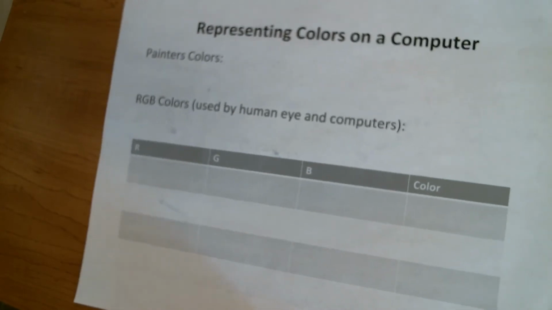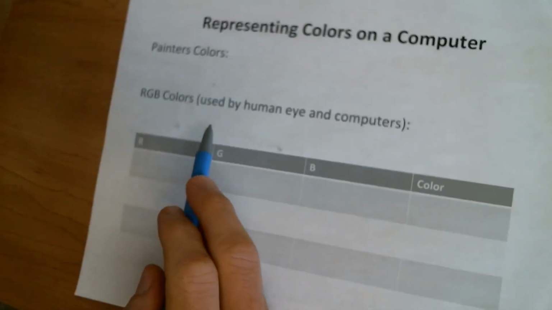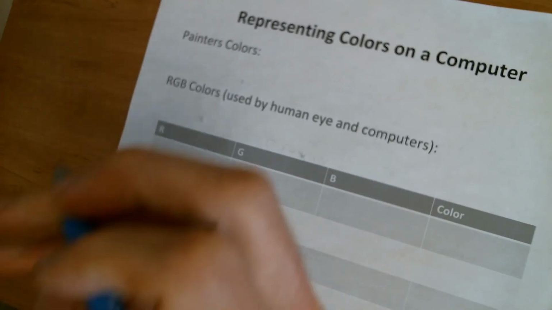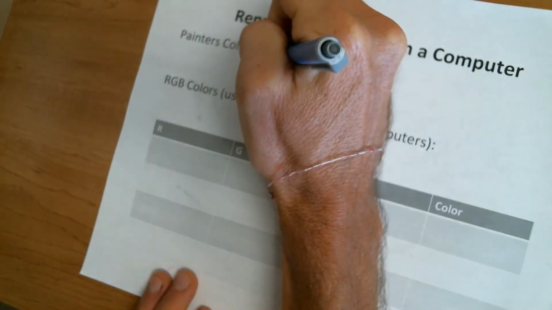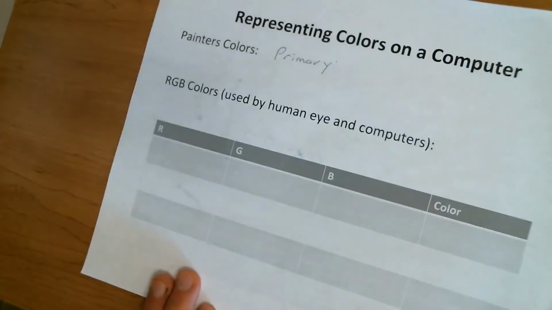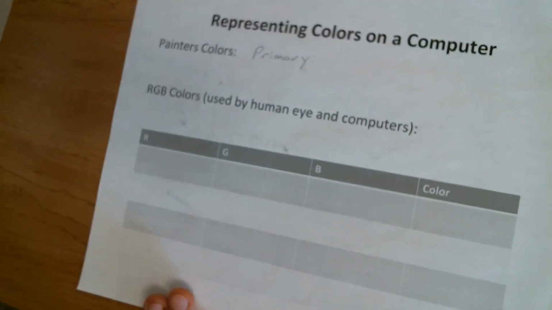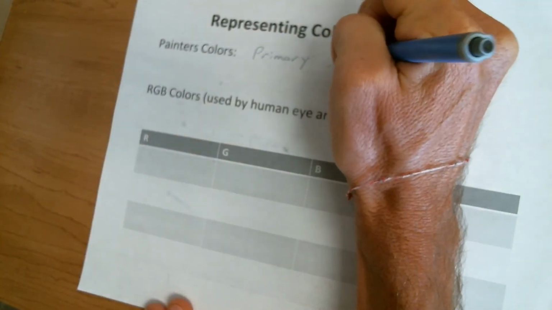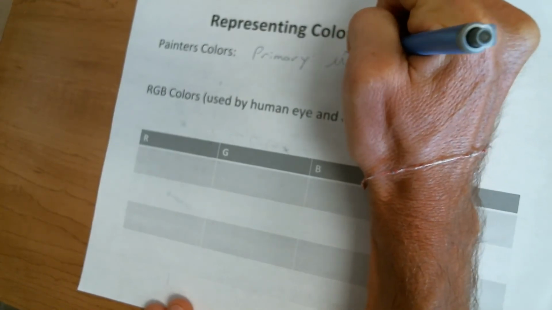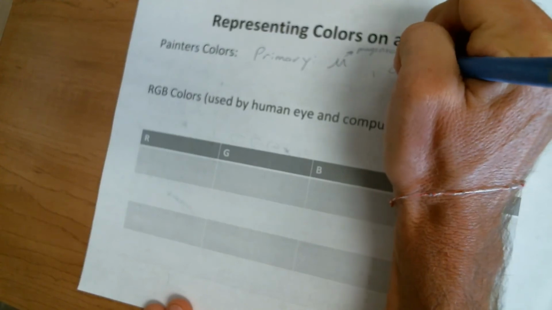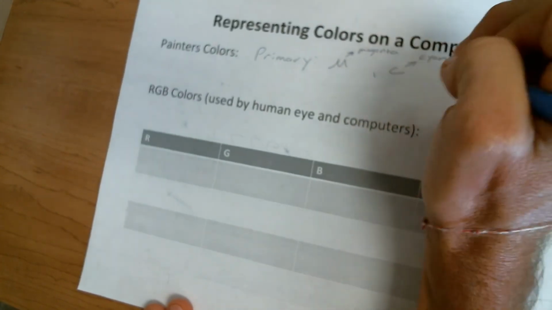So we're going to put this in terms of painters, and then we're going to put this in terms of computer screens. So in art class, if you're talking about the primary colors, I did not know this, but apparently the true primary colors are magenta. Who knew? Cyan, again, who knew?